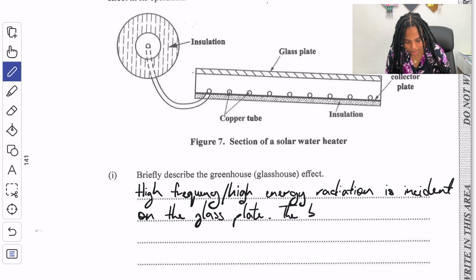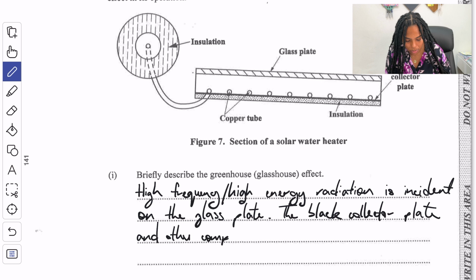The black collector plate and other components, which is really like the copper tubing and stuff, absorb the heat.